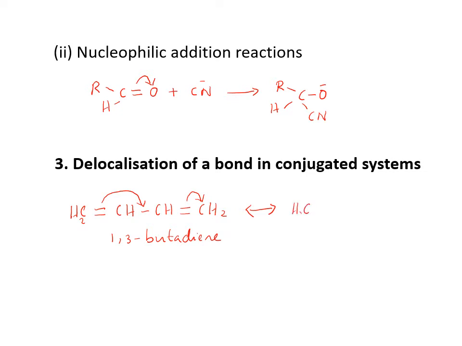So the carbon which is devoid of the electron pair becomes positively charged, and the head of the arrow points towards the atom which gains the electron pair.